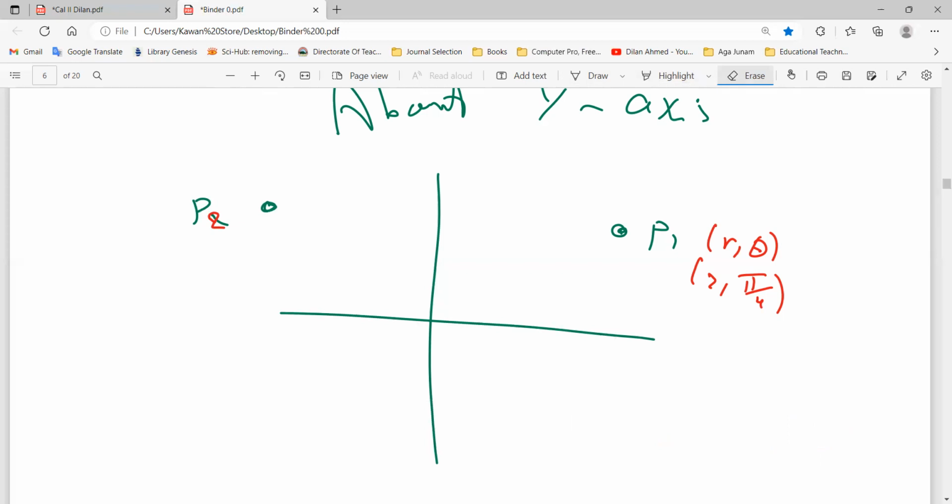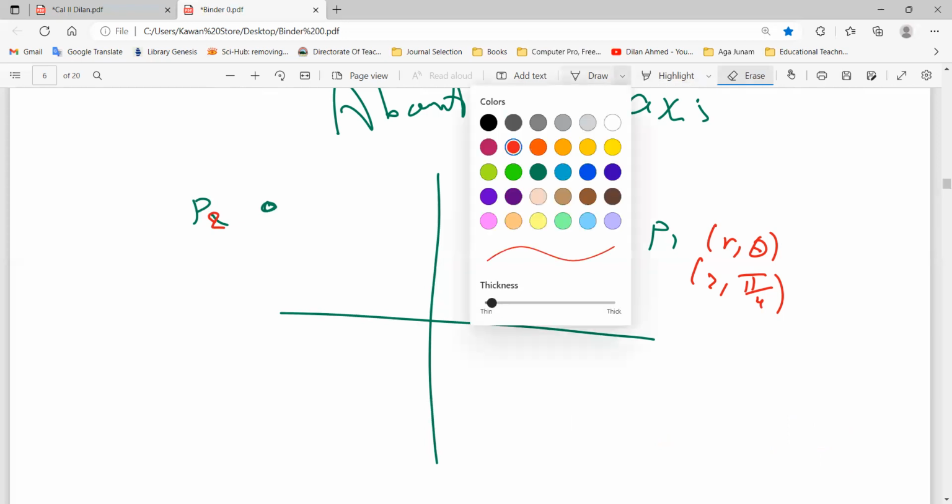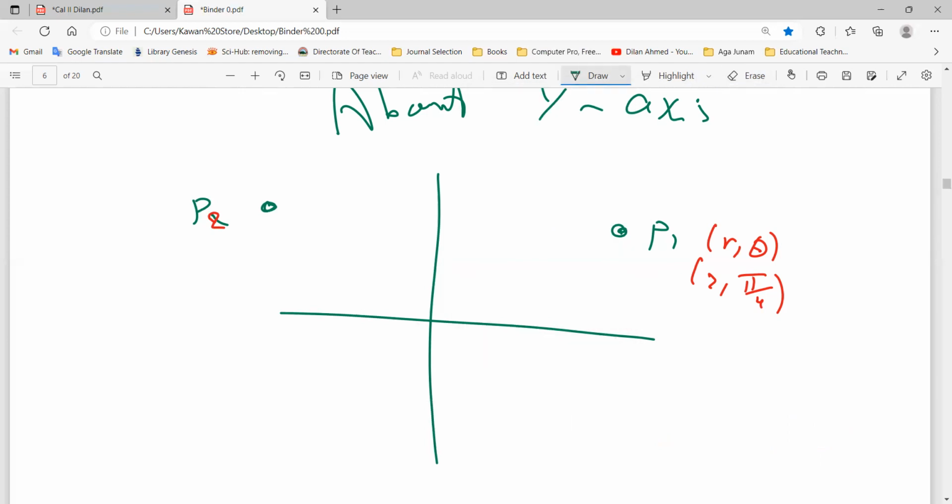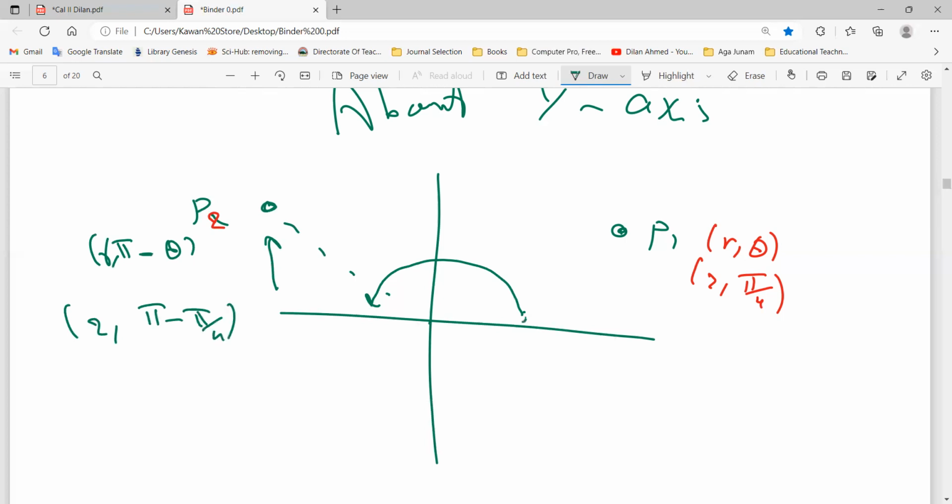Pi minus pi over 4 and r. Right? Pi minus theta, and r already positive. That's it. For example, I say 2 and pi minus pi over 4. So here is pi, here is minus pi over 4, and here is 2.